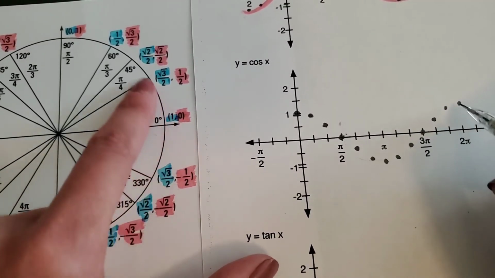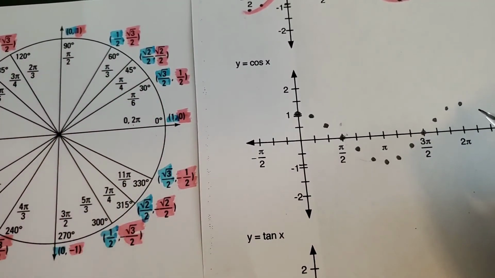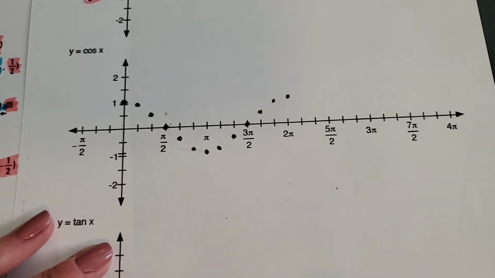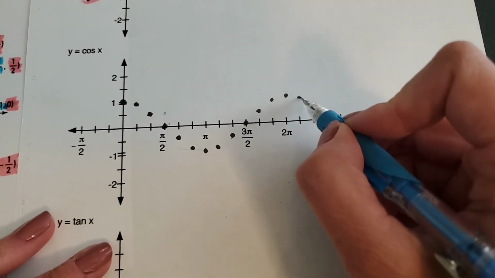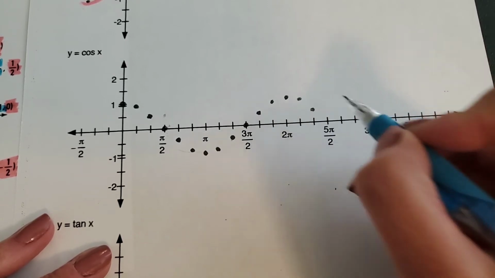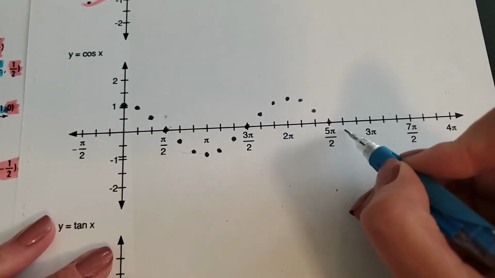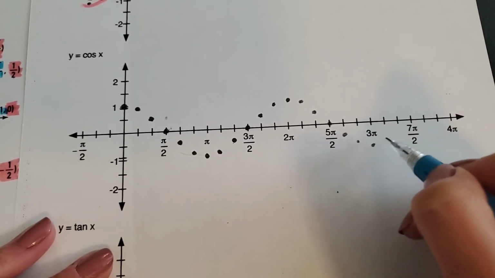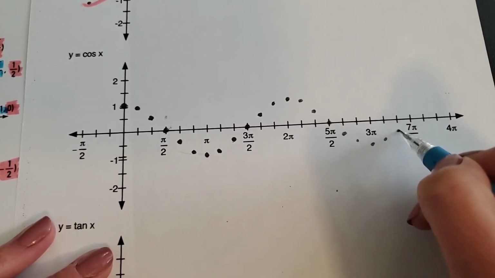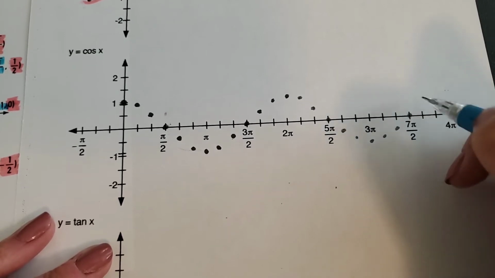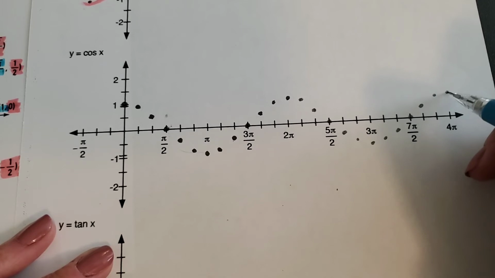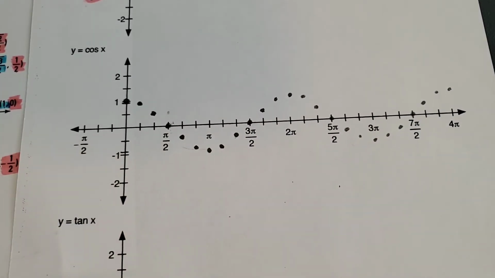I'm going to keep going around. I can follow the unit circle again around, or I can just follow the pattern. I'm going to go down, hit a 0, go negative, and back and finish at 4 pi.